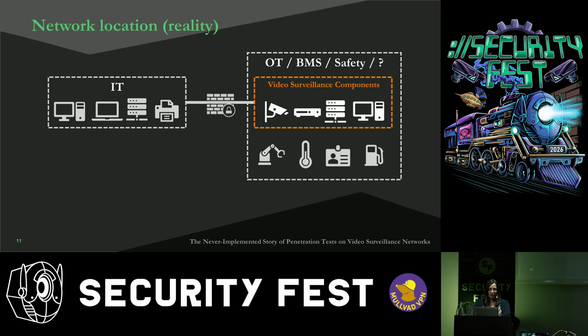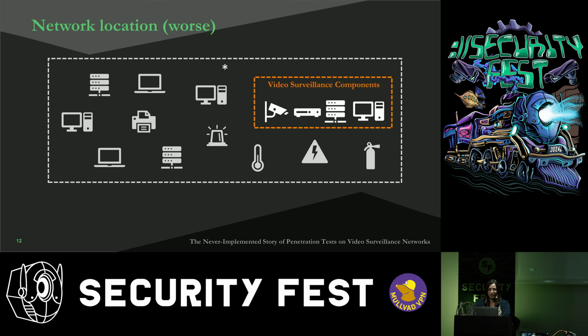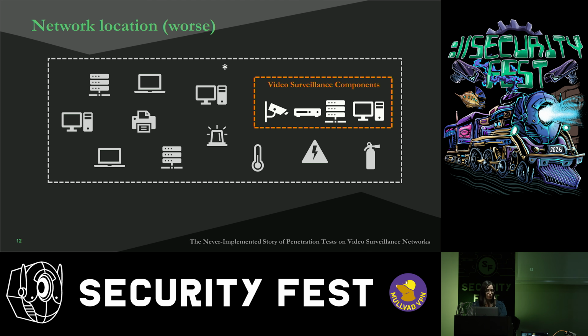I see this a lot, but the thing I see the most is this configuration, where video surveillance components are mixed with everything else. So this means that from our starting position in the user VLAN, we already have direct access to them. So this is what we are considering here in this demo, of course.